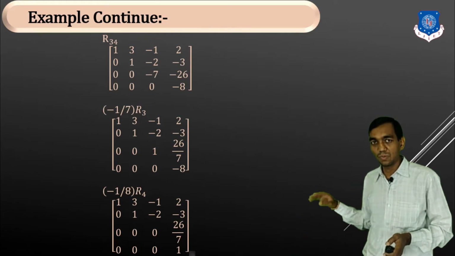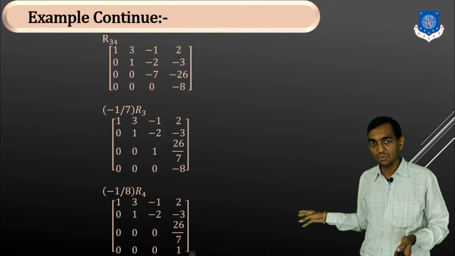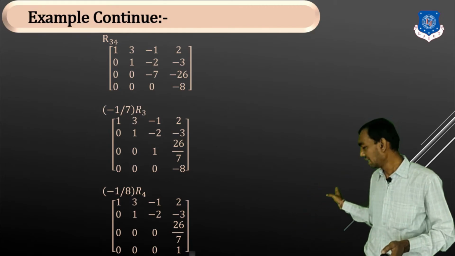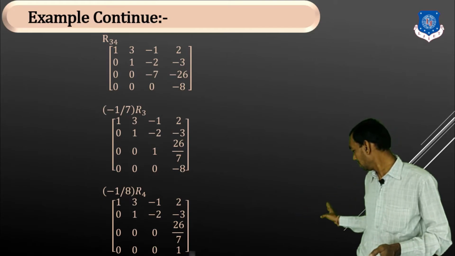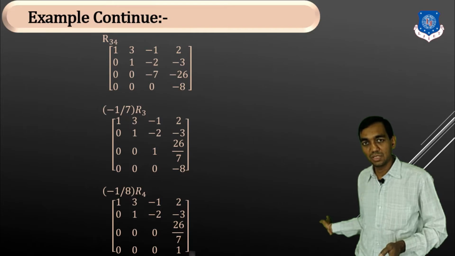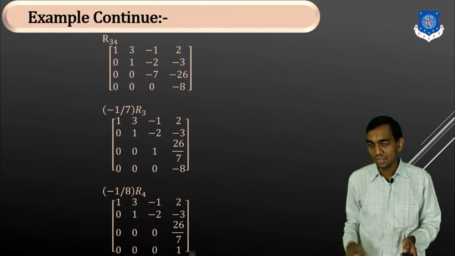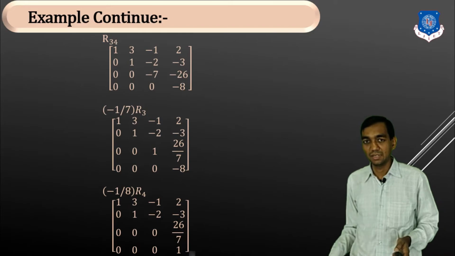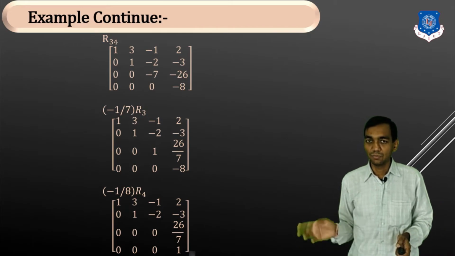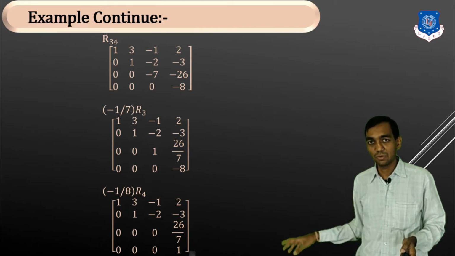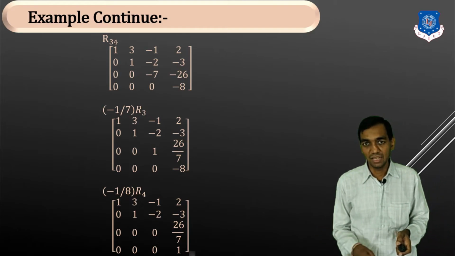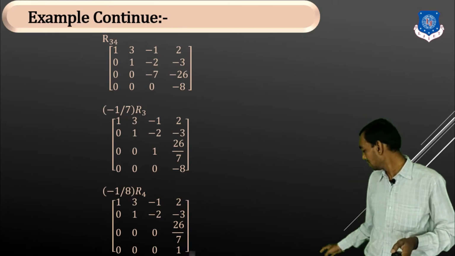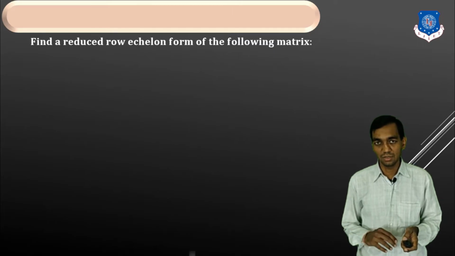Now multiply the third row by -1/7, and that will give you the matrix 1 3 -1 2, then 0 1 -2 -3, then 0 0 1 26/7, and the last row will be 0 0 0 -8. Again, for the last row we are going to make the last element 1, so we are dividing it by -8. So the last row will be 0 0 0 1. Okay, so that will give you your row echelon form.